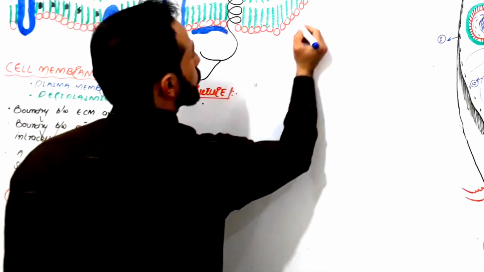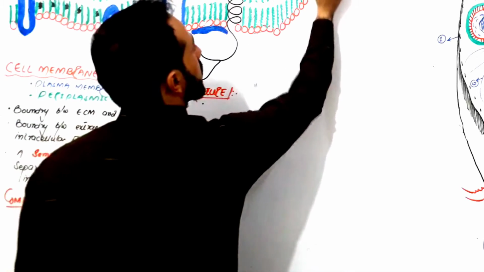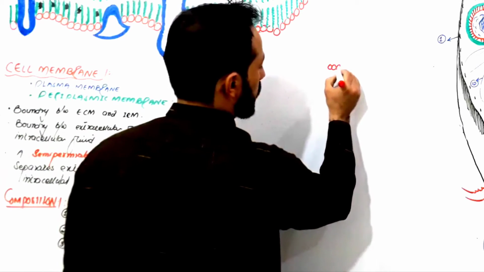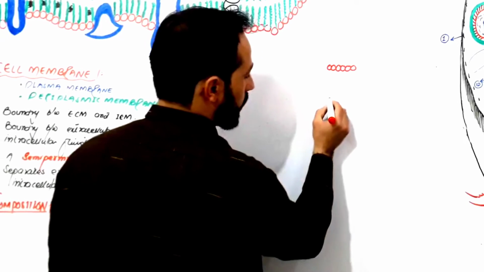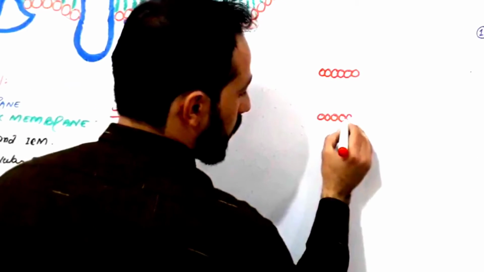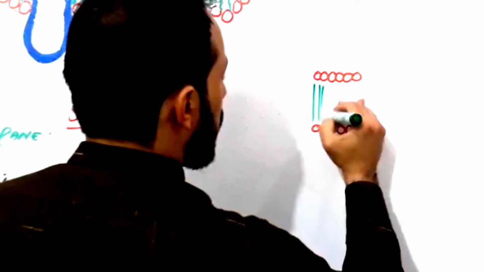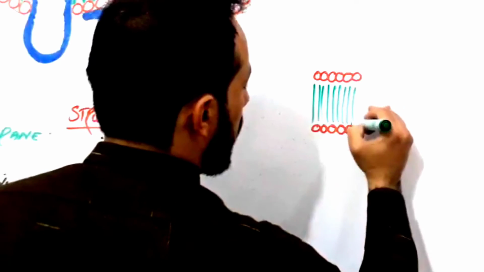First two layers, this outer red layer and this inner red layer, right? And in between these two outer and inner red layers, there is the middle layer.